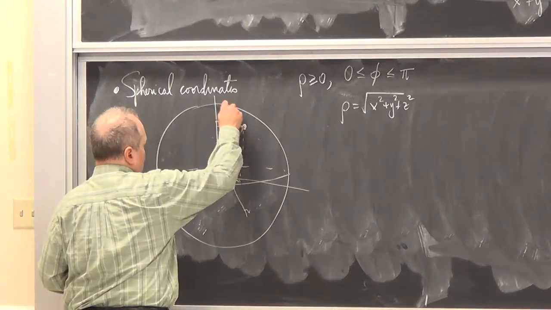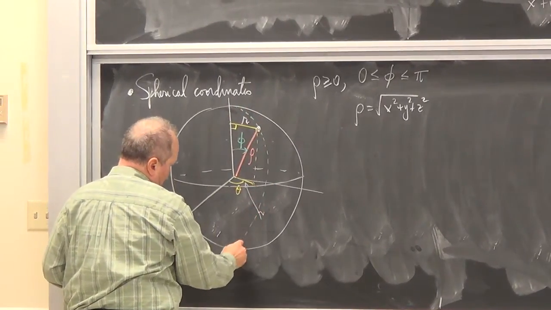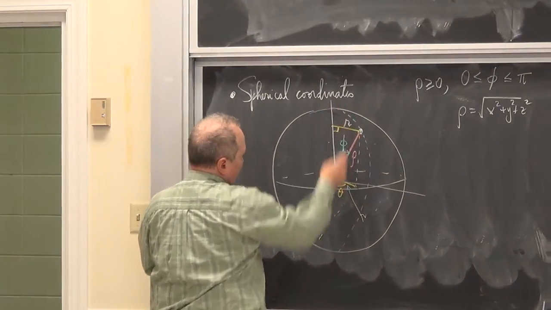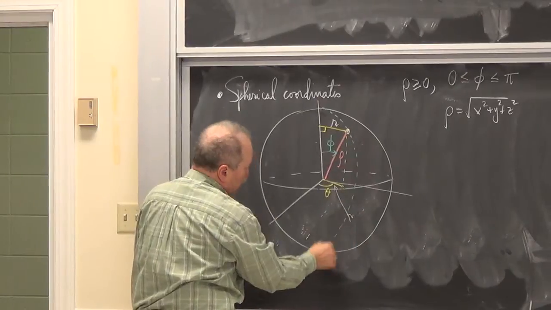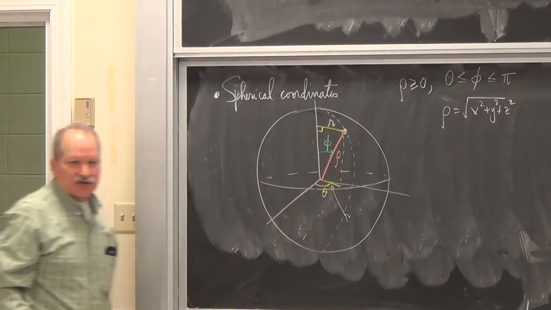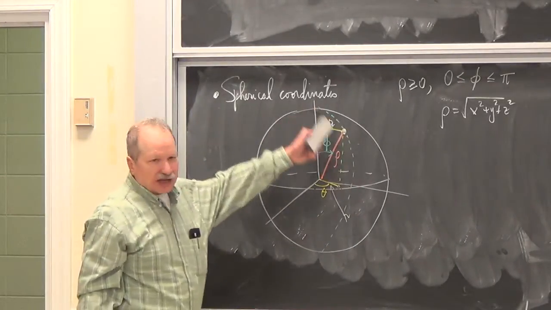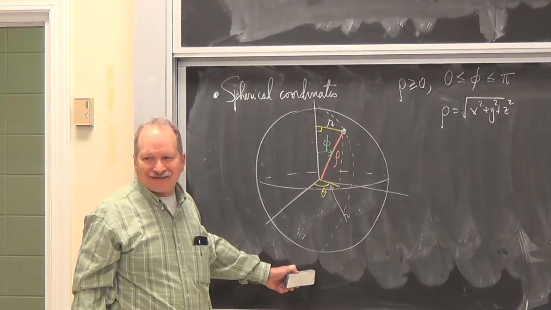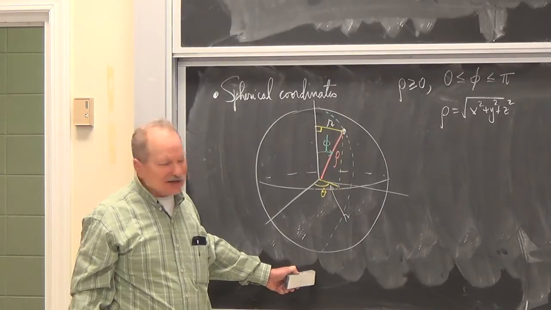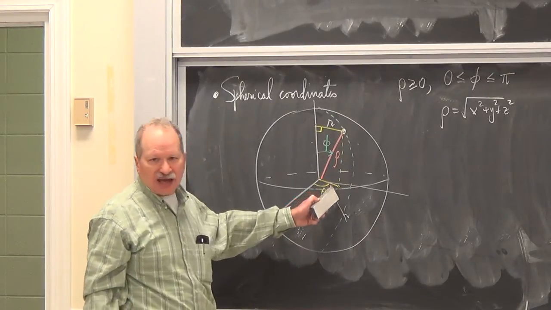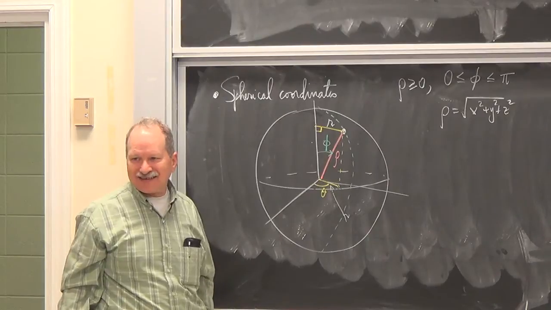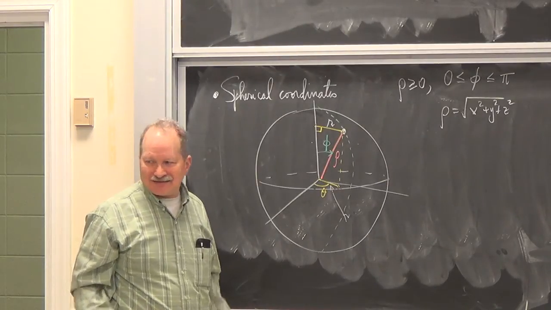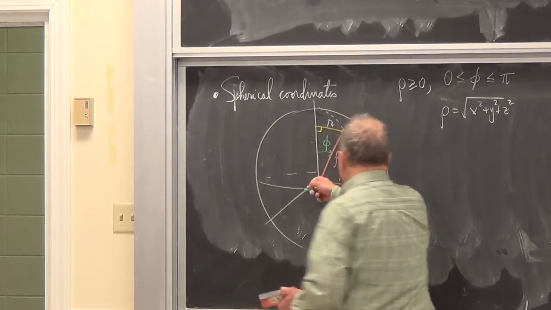But as you go along this half great circle here, fixing theta and varying phi, you move along that half circle, which is called a line of longitude. Because you're specifying a fixed theta, and that's the longitude. Is everybody lost, or are you okay? Is rho greater than or equal to, or just greater than 0? Well, if you actually are at the origin, it's 0.